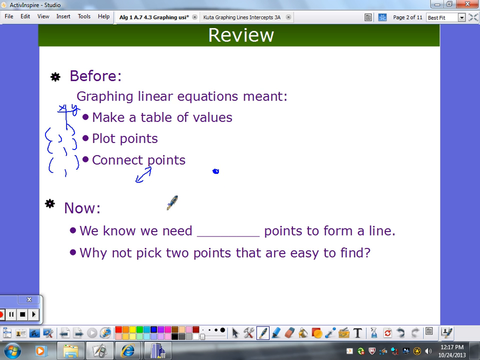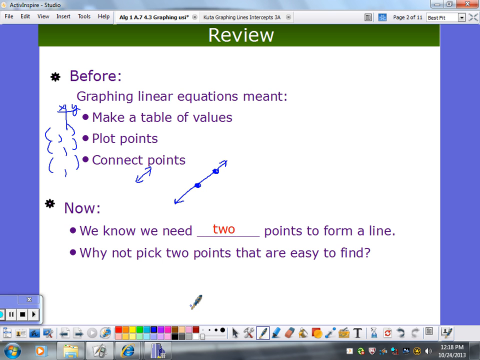Well, here's a line, but here's another line, and here's another line, and here's another line. So how many lines can I fit through 1 point? A lot, an infinite number. But as soon as I have that second point, what happens? I'm kind of anchored, right? I can't make a second line, and that's it. So how many points do I need? 2. I only need 2.